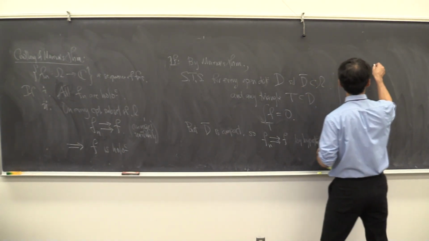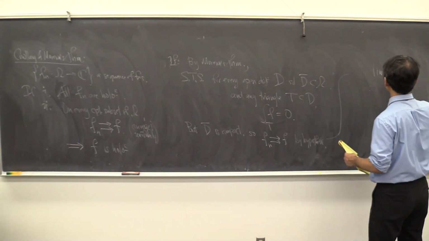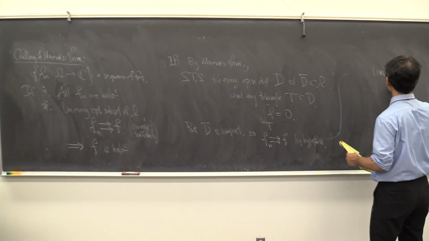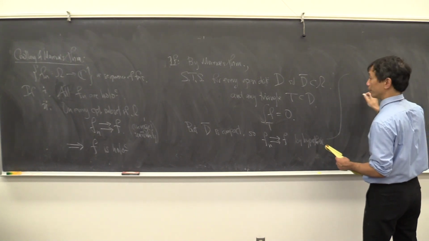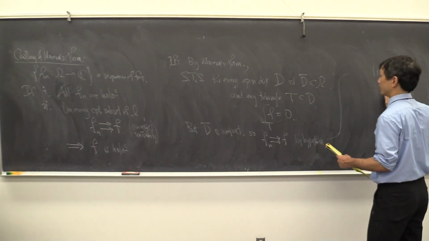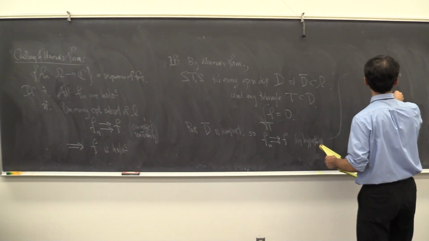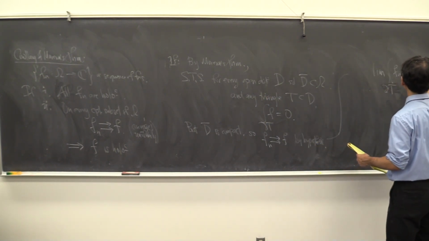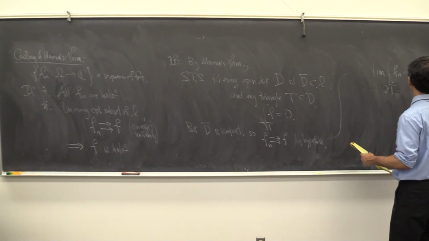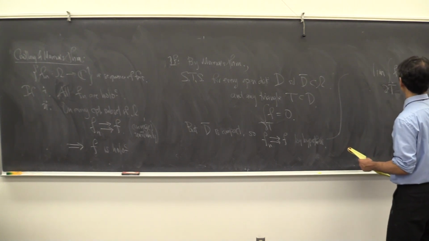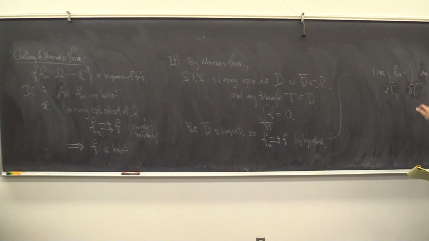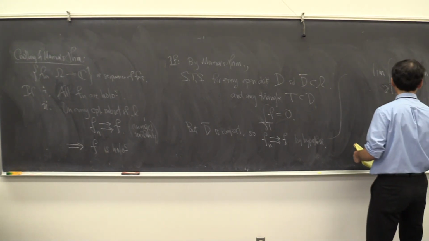So the limit of the integral of the f sub n's over the boundary of the triangle equals the integral of the limit, but this is the integral of f over the boundary.